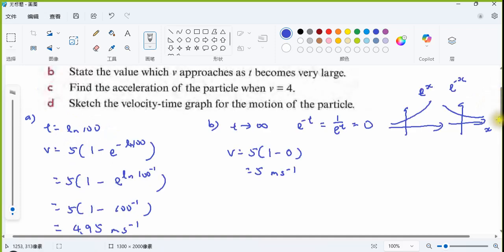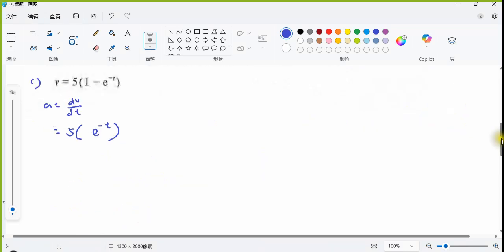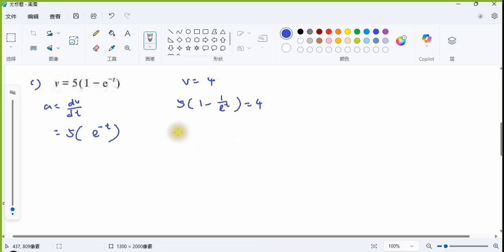When v equal to 4, we have 5 times (1 minus 1 over e to the power t) equal to 4. Then 1 minus 1 over e to the power t is 4 over 5. And then 1 minus 4 over 5 is 1 over e to the power t, which is 1 over 5.